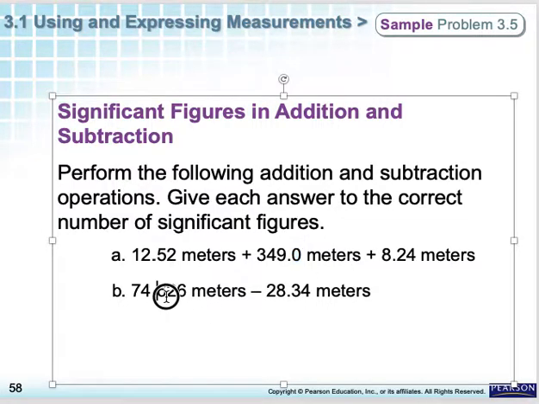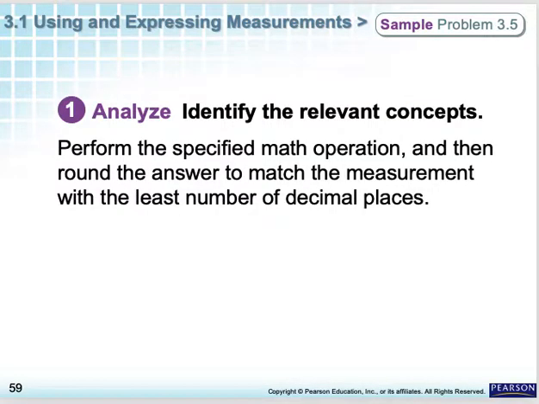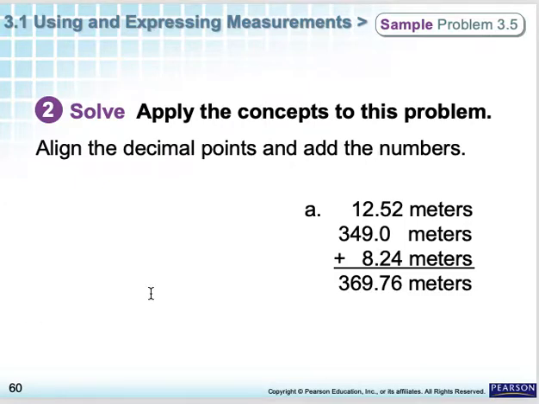Here I have 3 decimal places. Here I have 2 decimal places. I will report to the hundredths. So, if you were to do the math, for the first problem, you get 369.76. If I look here, all the numbers have values in the tenths place, but not in the hundredths.